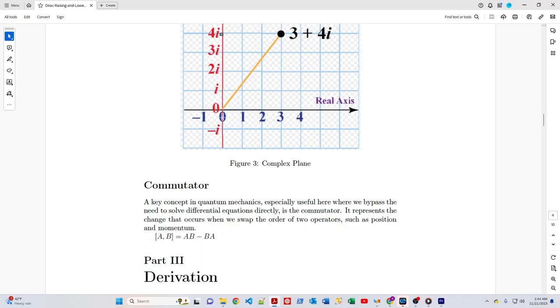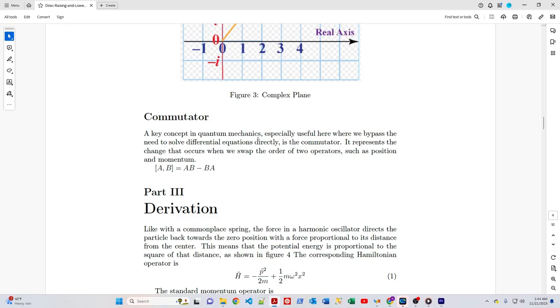The final concept we're going to need is operators and commutators. An operator takes a function. For today's presentation, a function is like a curve on a graph, and it takes that as its input, and it returns you another function as its output. So these operators, like taking the derivative or taking the integral, those are operators.